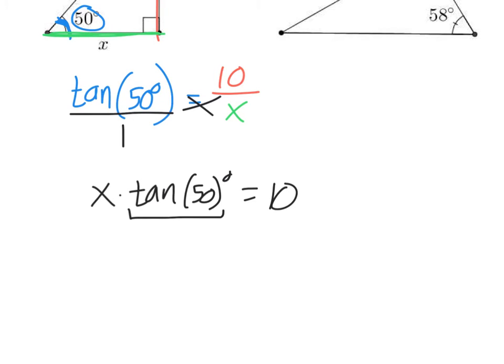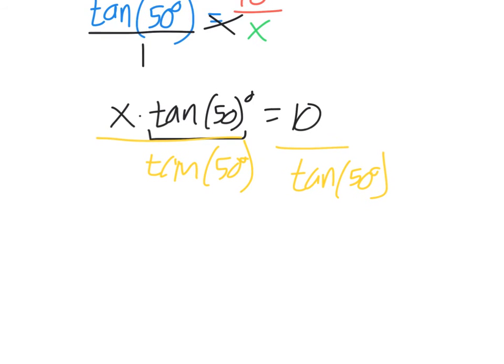And I'm not going to do that yet. I want to get x all by itself. So in order to get x by itself, I'm going to divide both sides by the tangent of 50 degrees. And that looks like this. Divide by the tangent of 50, divide by the tangent of 50. And in doing so, I'm going to be left with x equals 10 divided by the tangent of 50 degrees.